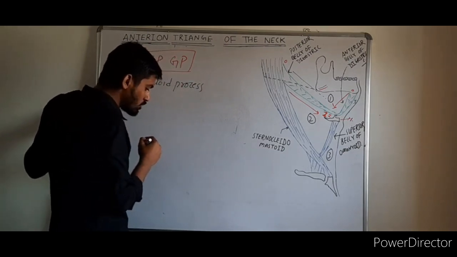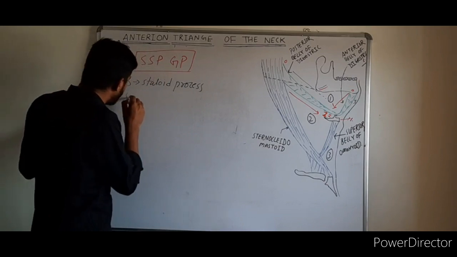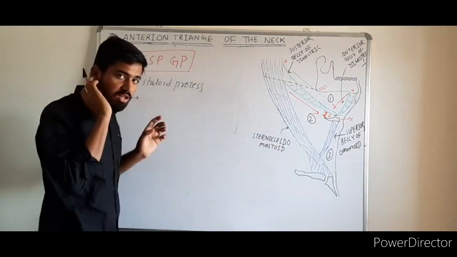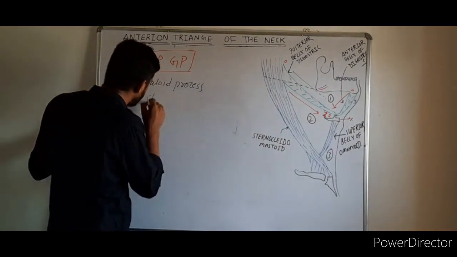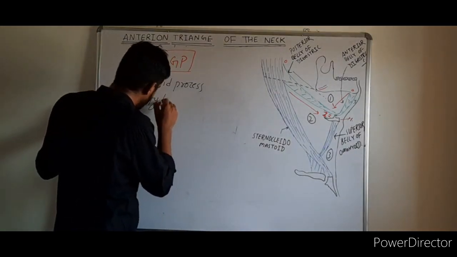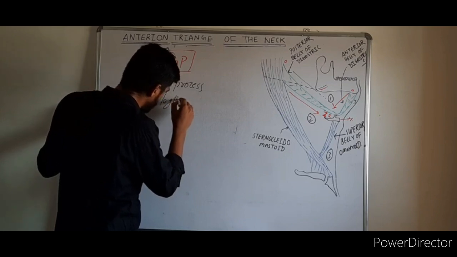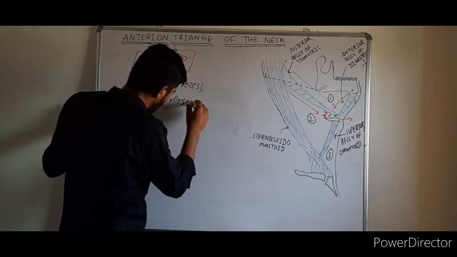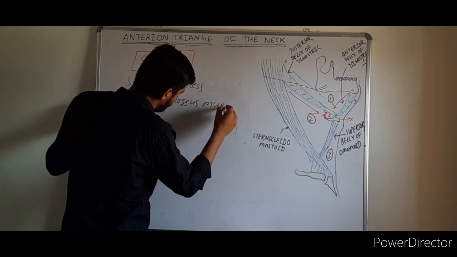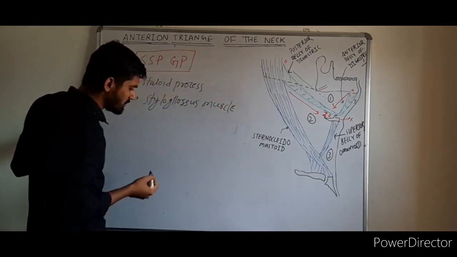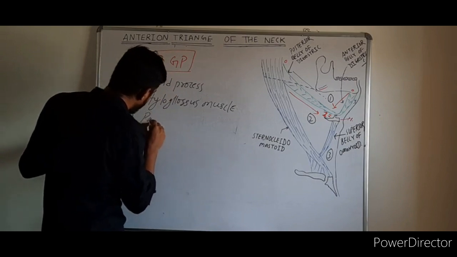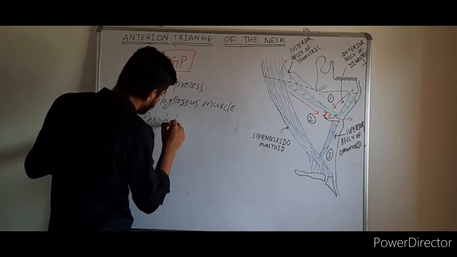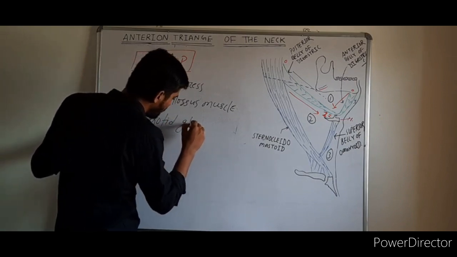Again S means stylo muscles, from styloid to the tongue, that is the styloglossus muscle. Third, P means parotid gland.